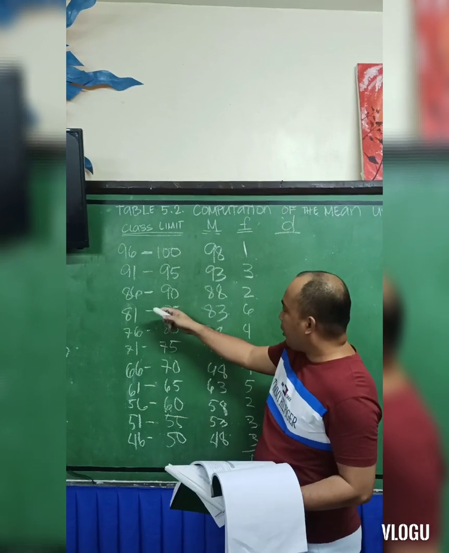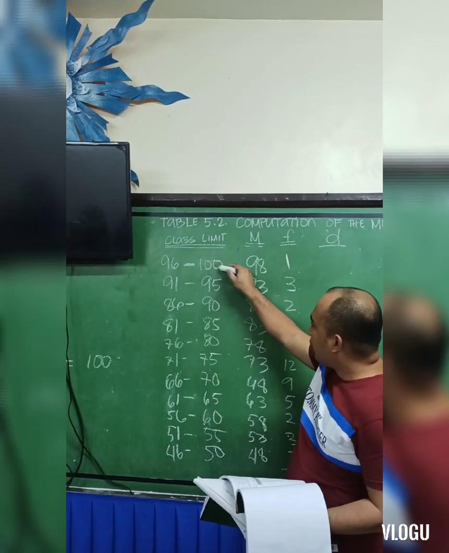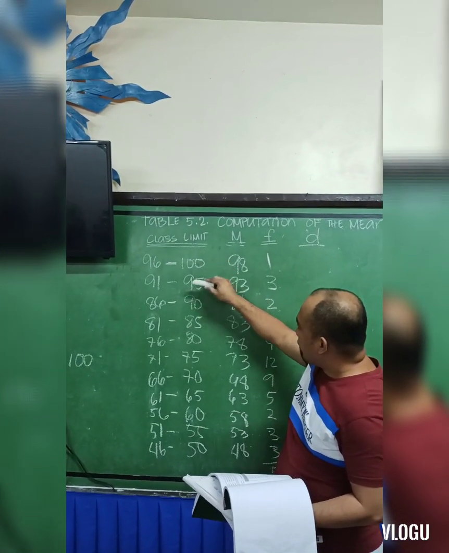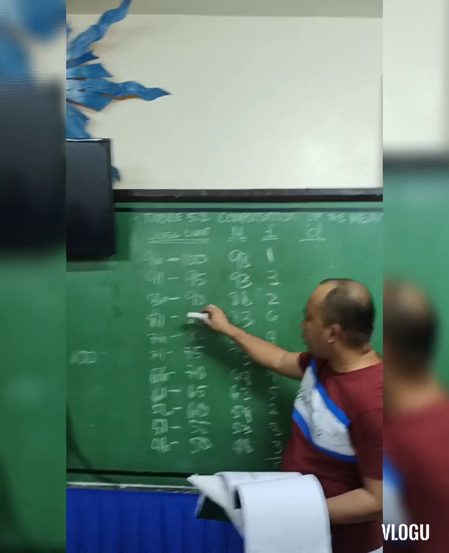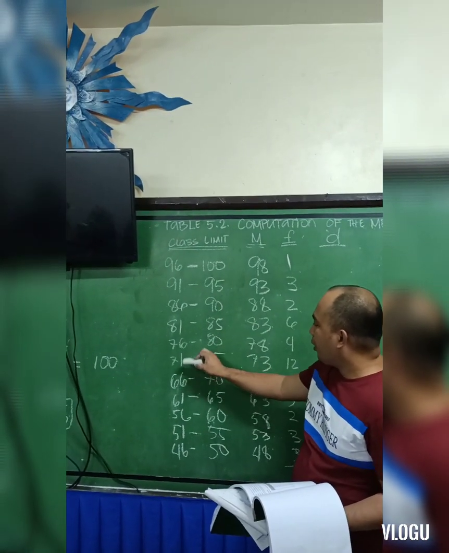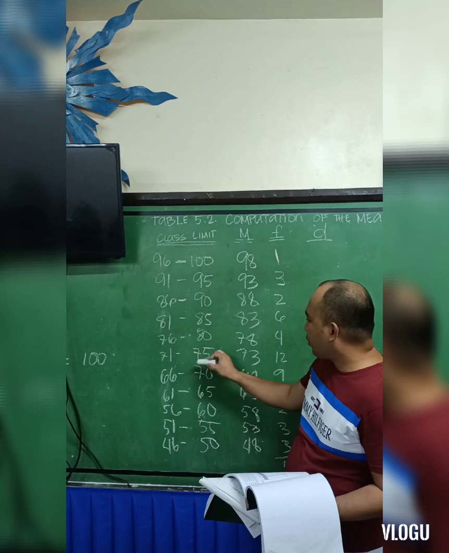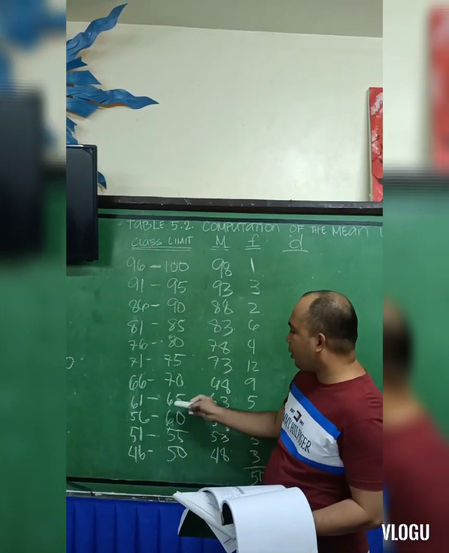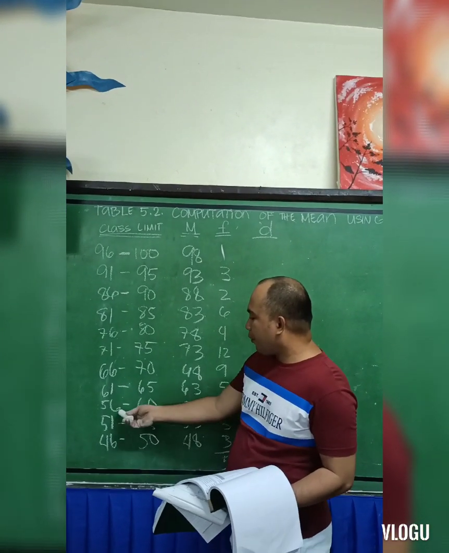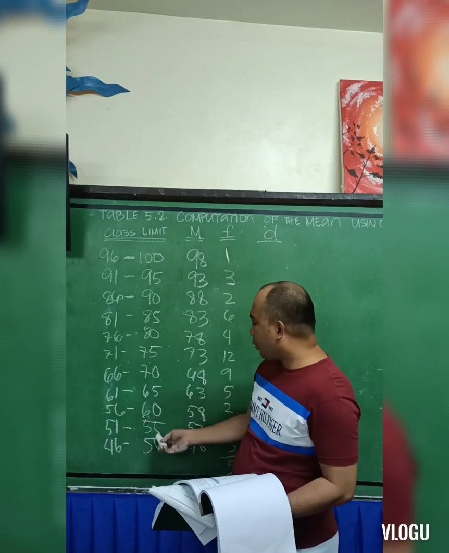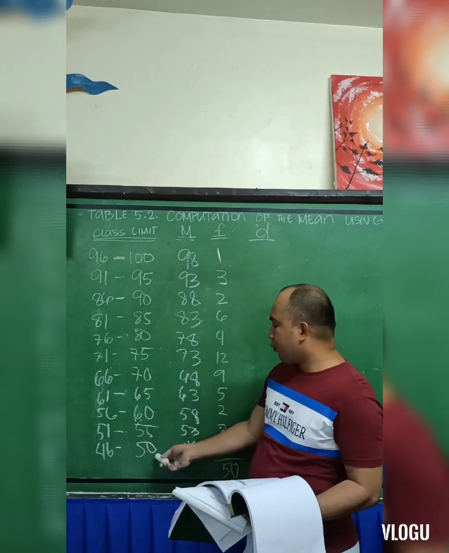We have 96 to 100, 91 to 95, 86 to 90, 81 to 85, 76 to 80, 71 to 75, 66 to 70, 61 to 65, 56 to 60, 51 to 55, 46 to 50.